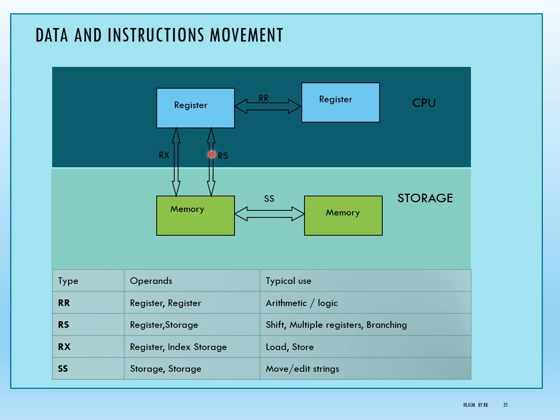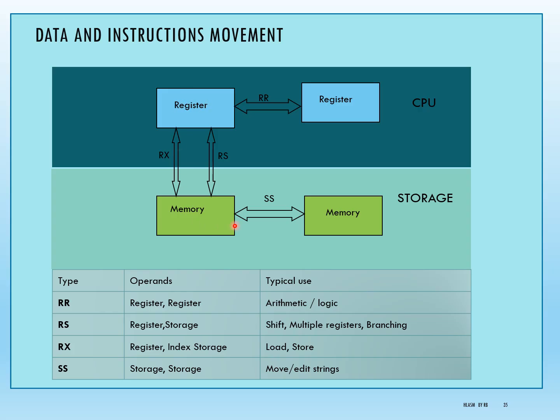Then you also notice that data is moving from memory to register. When I said load R1 num1, num1, which is sitting in memory, is getting loaded into the register. And when I said store R1 to result, that means data is moving from R1, which is in the register, into the memory.